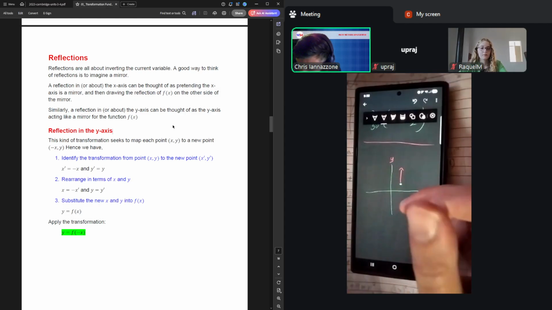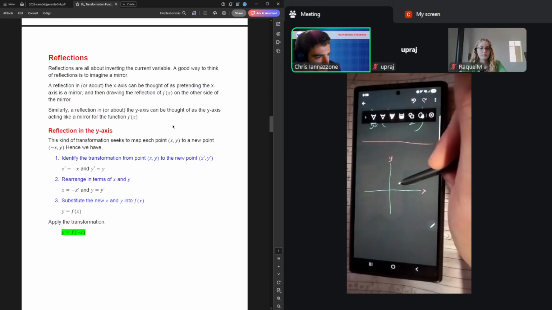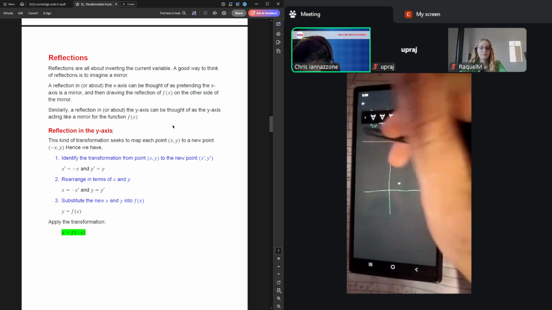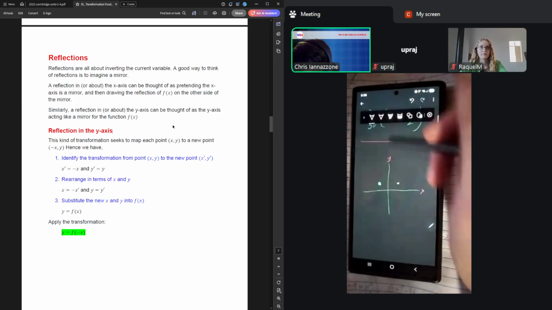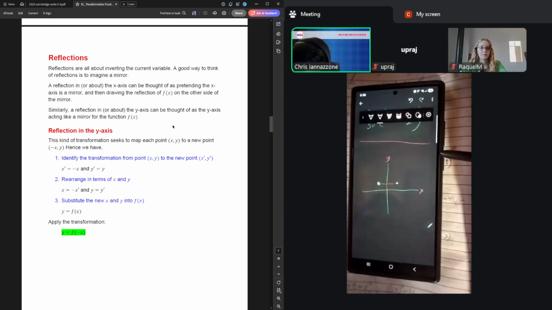So if I go back to the axis that I drew up earlier on the document camera, and we have that same point, we have a reflection in the y-axis. If I pretend that this y-axis is a mirror, then the reflection of that dot would now be over here. It's reflecting in that axis.